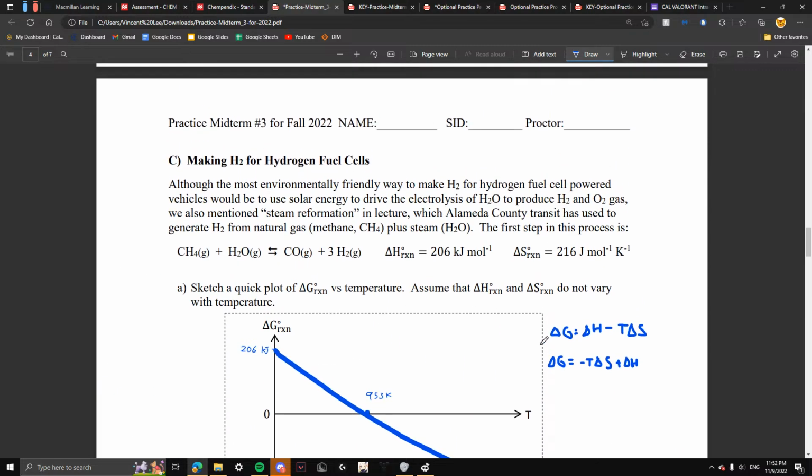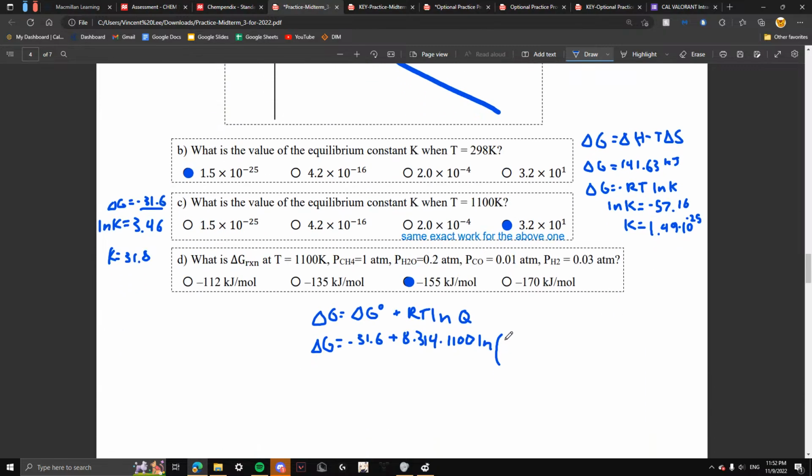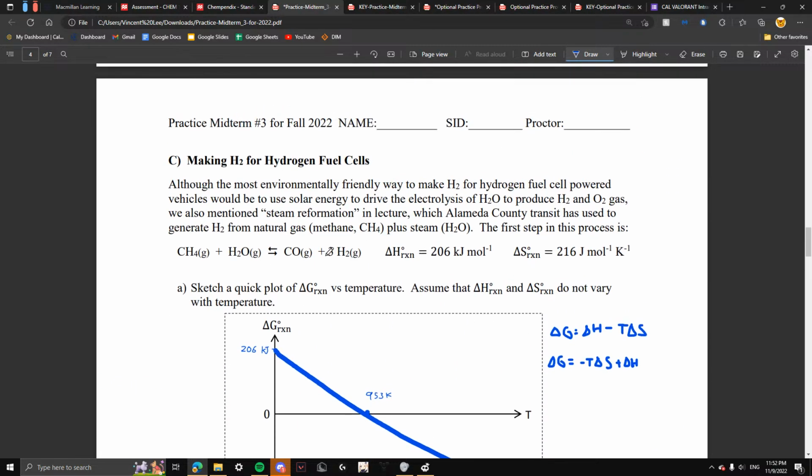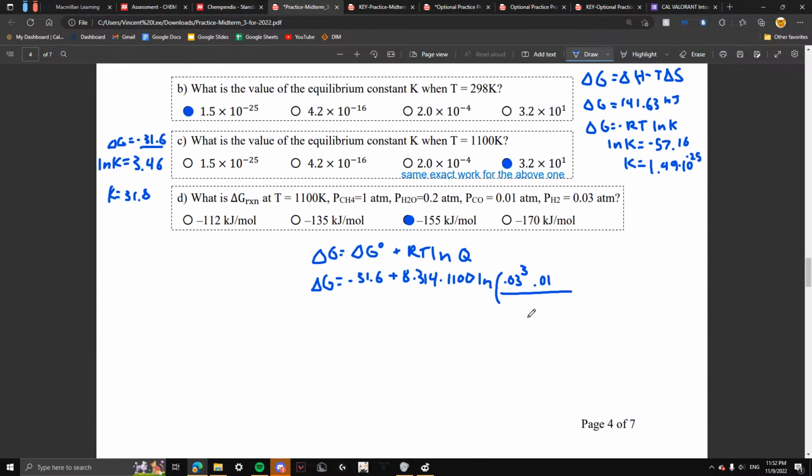So products: H2 0.03 cubed, because remember, it's cubed, carbon monoxide 0.01, over H2O CH4, so 0.2 times 1.